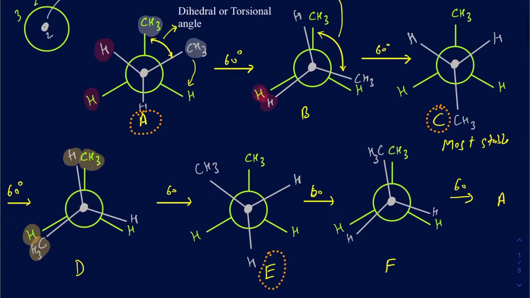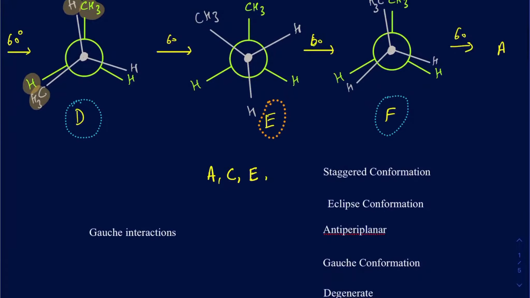And what's left behind? Your three other conformations: B, D, and F. That's where your torsional strain is going to be maximum, and as a result, B, D, and F would be your eclipsed conformations.